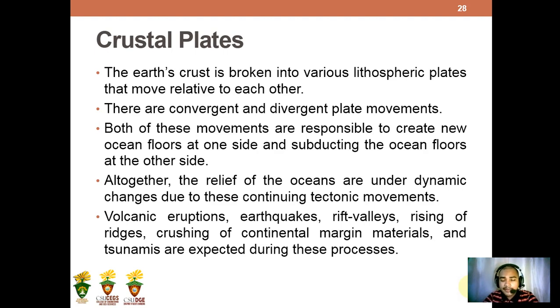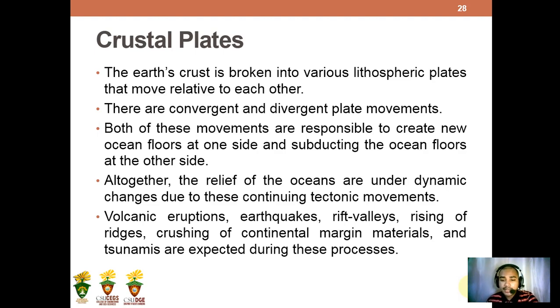And both movements of those lithospheric plates are responsible for creating new ocean floors at one side and subducting the ocean floors at the other side. So they are the ones responsible, no, kung na subducting, and the other one is creating other lithospheric plates. But altogether, the relief of the oceans is under dynamic changes due to these continuing tectonic movements.